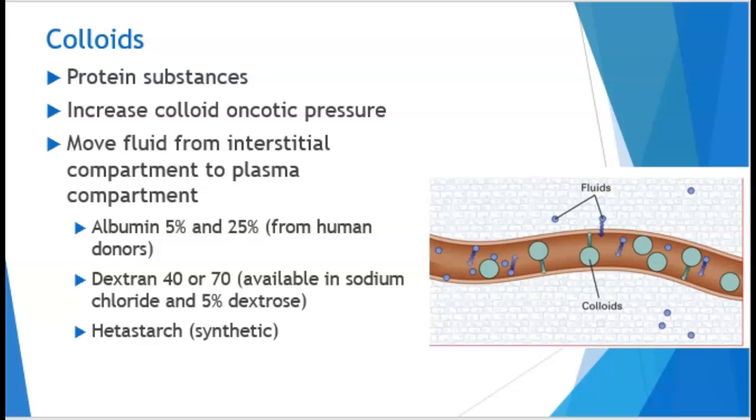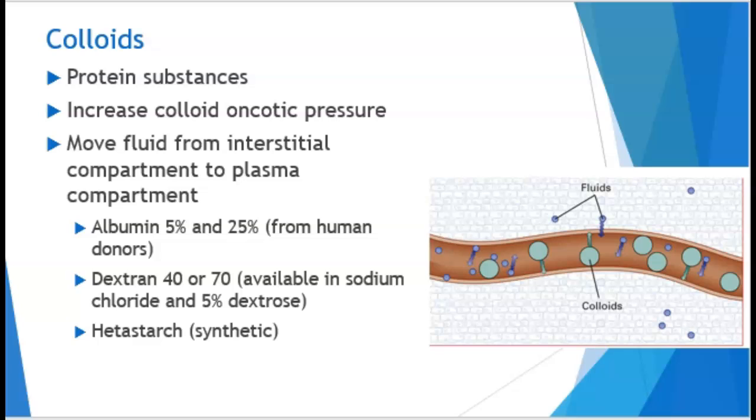but the albumin is a natural protein, and it's normally produced in the liver. And when we have liver damage, we see a drop in that albumin, which causes a drop in that colloid oncotic pressure. So dextran is a solution of glucose. It's available in two concentrations.